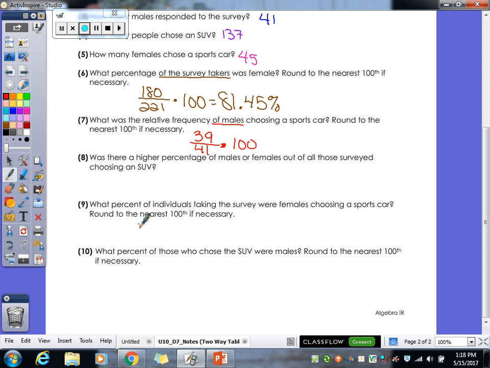So it's 39 divided by 41, and then times 100. So let's see what we get. 95.12.